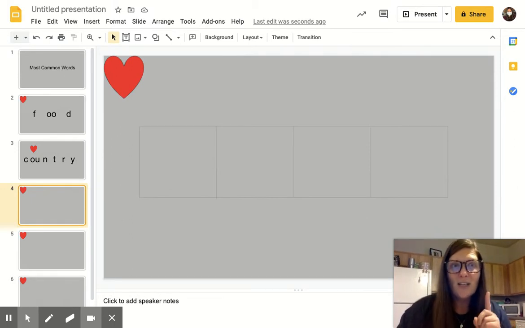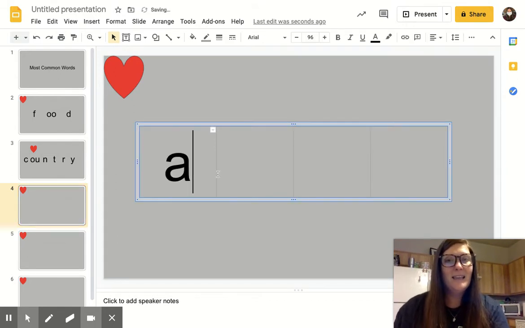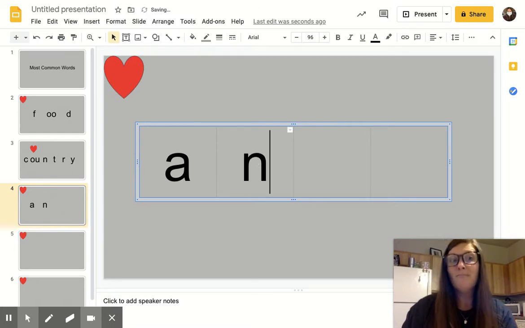Next word is answer. Answer this question. How many syllables in answer? Answer. 2 syllables, right? Let's see. How many sounds in the first syllable? An, right? How do we spell that? The a sound is spelled with A. N is spelled with N, right?